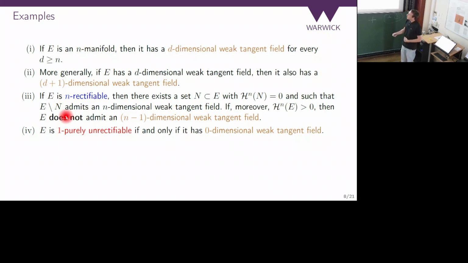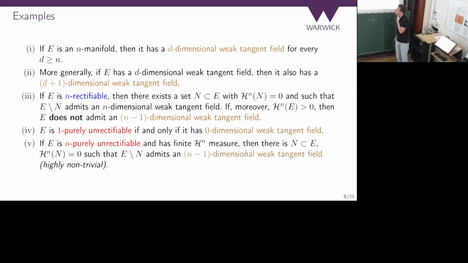And for the other direction, if 1-purely unrectifiable, then zero-dimensional weak tangent field, I just talked about that. Vice versa, the only way you get to attach a zero-dimensional thing at every point is if there are no curves. Otherwise, there would be a piece of curve that would have to go in at least one direction, right? So here it is quite easily equivalent, but in higher dimensions, the notions actually disagree.